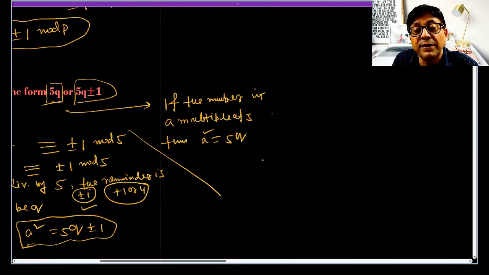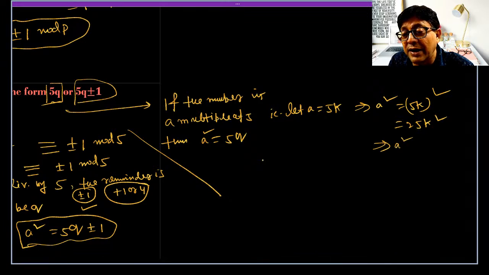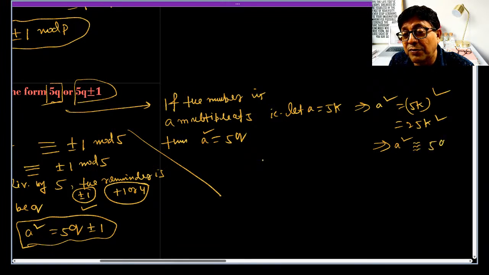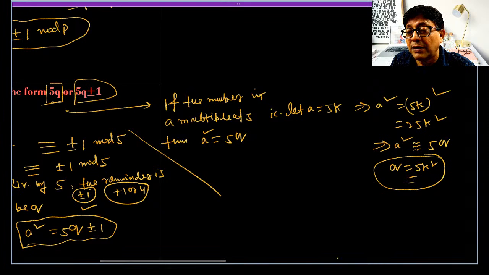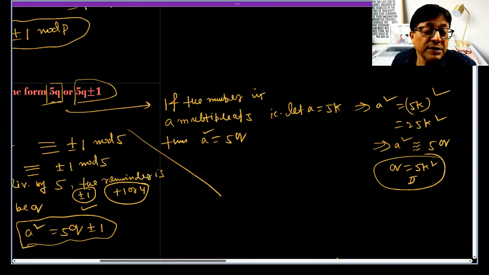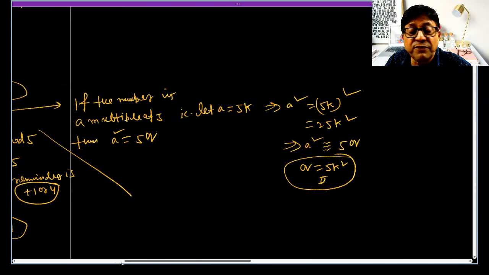a is a multiple of 5, that is, let a equal 5k. This implies a squared equals (5k) whole squared, 25k squared. So a squared can be written as 5q by taking q equal to 5k squared. So the square of any integer, if it is a multiple of 5, will be of the form 5q.